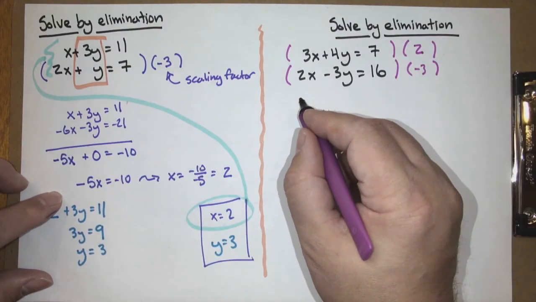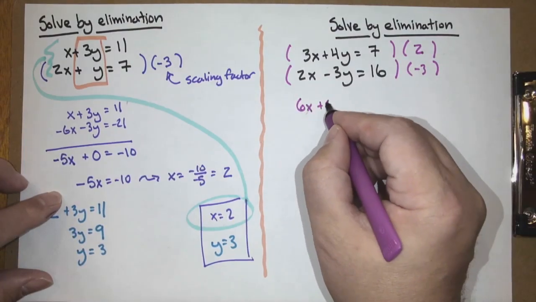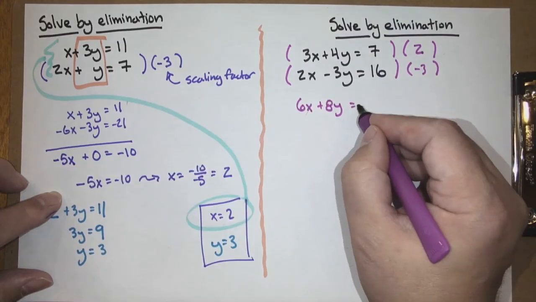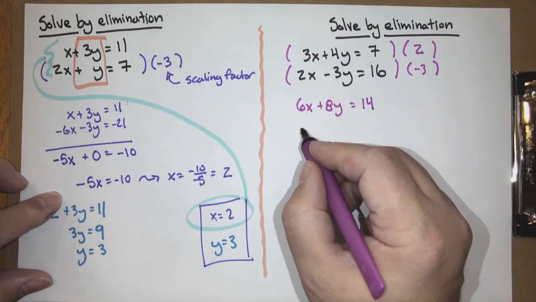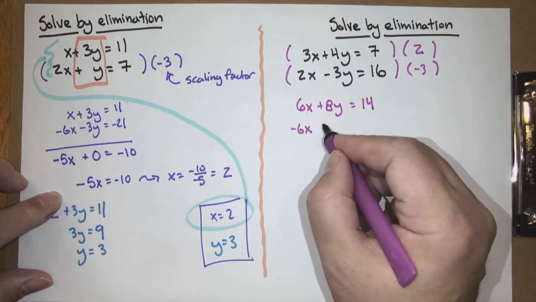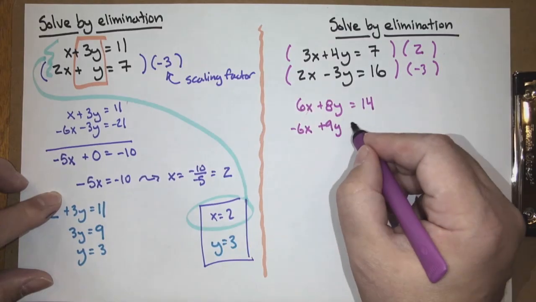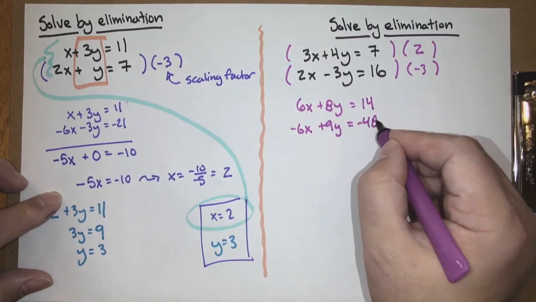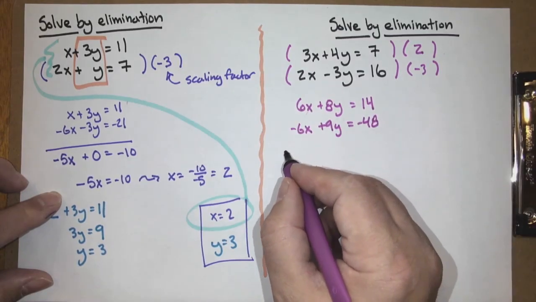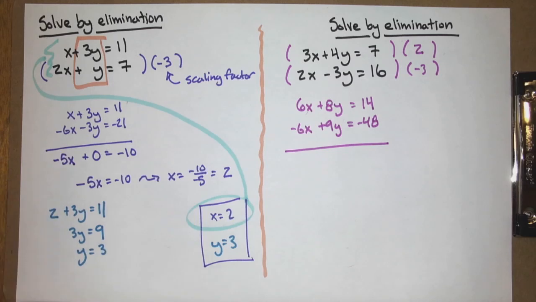So our equations become 6x plus 8y equals 14, and minus 6x plus 9y equals negative 48. We add. Because we chose wisely in how we scaled our equations, we're going to eliminate the x.